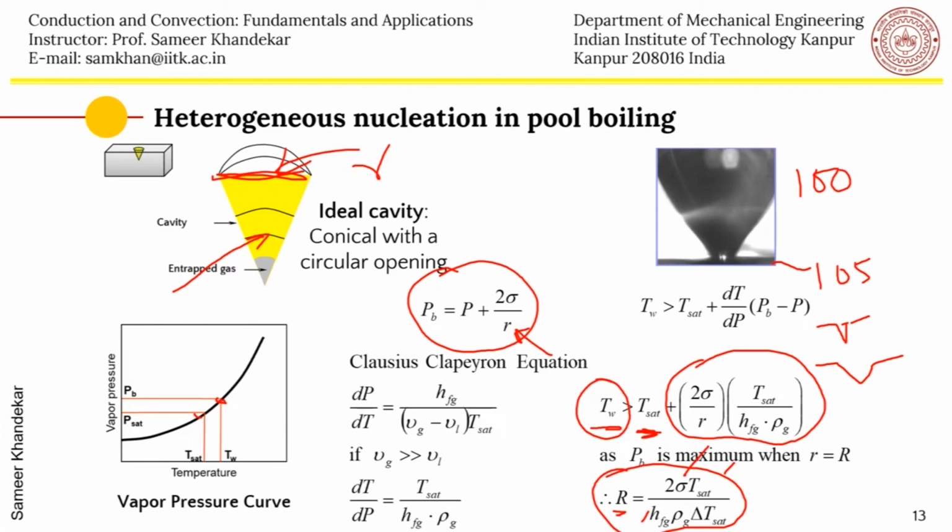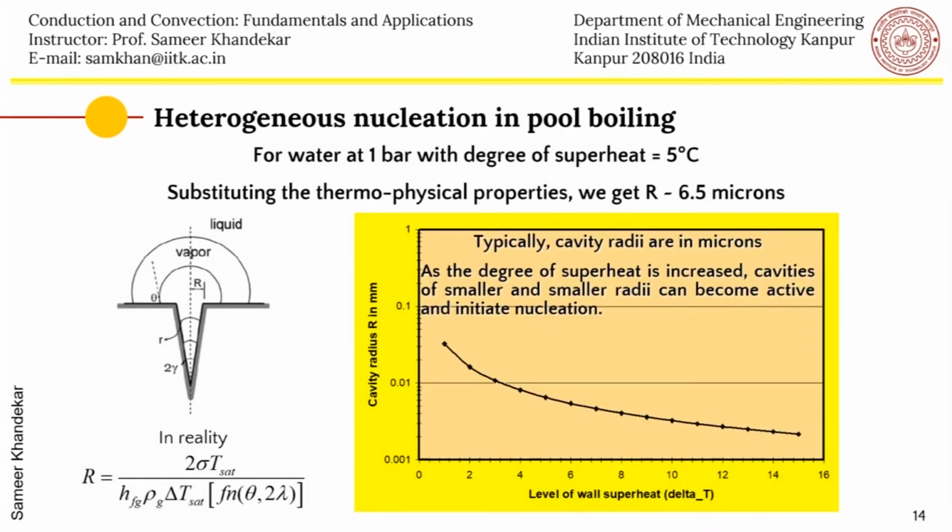So we can use this formula and plot the degree of superheat. So what is superheat? The temperature of the wall and the temperature of the fluid. So Tw minus Tsat is what is delta T here. This is Tw minus Tsat.